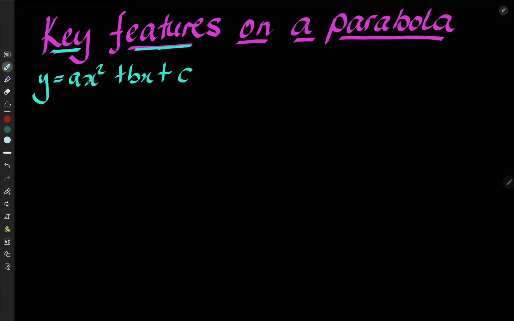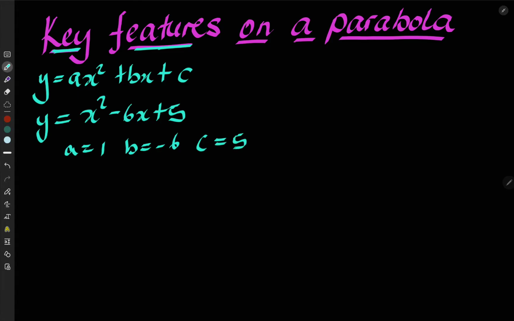To explain that, we are going to use the example of a positive graph, y is equal to x squared minus 6x plus 5. You can see that here a is equal to 1, b is equal to -6, and c is equal to 5.